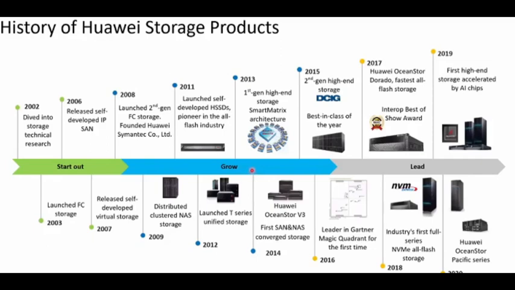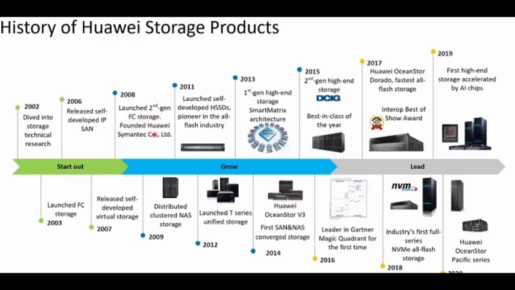History of storage products. I will go through it in a different chapter, because you will see all the different types of storage products there. You can see Huawei storage products: 2002, dived into storage. 2006, they developed the first IP SAN for Huawei. In 2008, they launched the second generation FC storage.